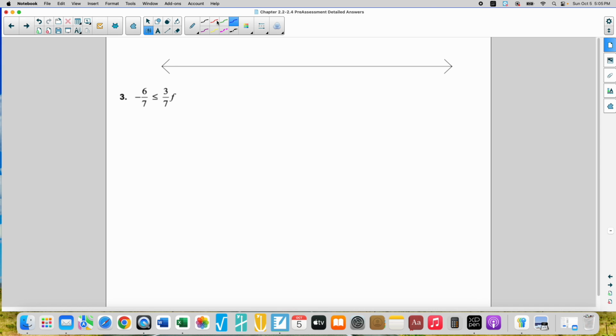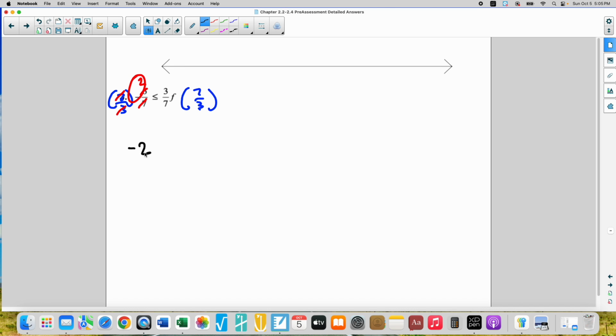Oh, I like this one. So we have a fraction that is multiplying. We are not going to divide by that fraction. You could, but it's just way harder. We're going to multiply by the reciprocal. The reciprocal of 3/7 is 7/3. We'll multiply it by 7/3. And here's something nice. We're going to cross cancel: numerator, denominator, denominator, numerator. And then we've got that negative in there.